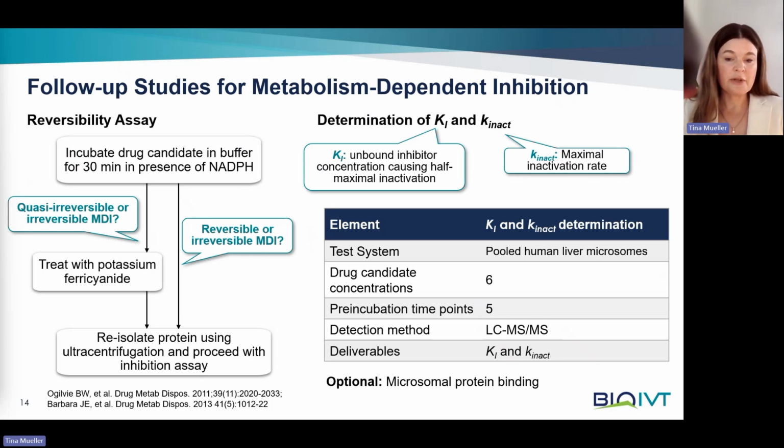A key difference here is the varying length of the pre-incubation time points, with typically 5 time points being assessed. Additionally, this setup uses a higher protein concentration, so it might be beneficial to determine microsomal protein binding.